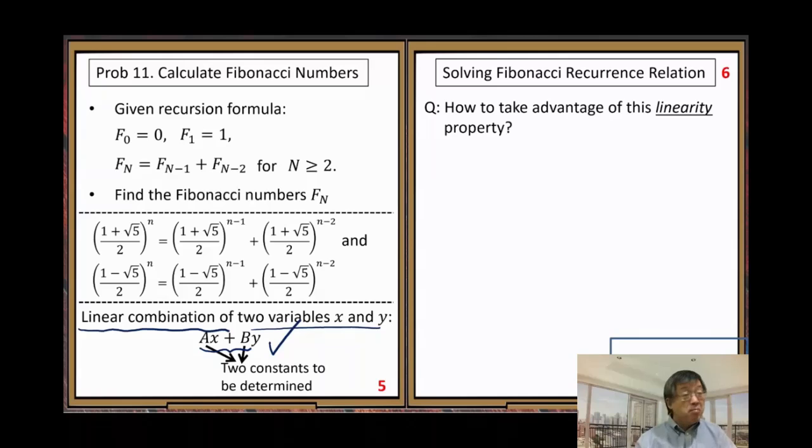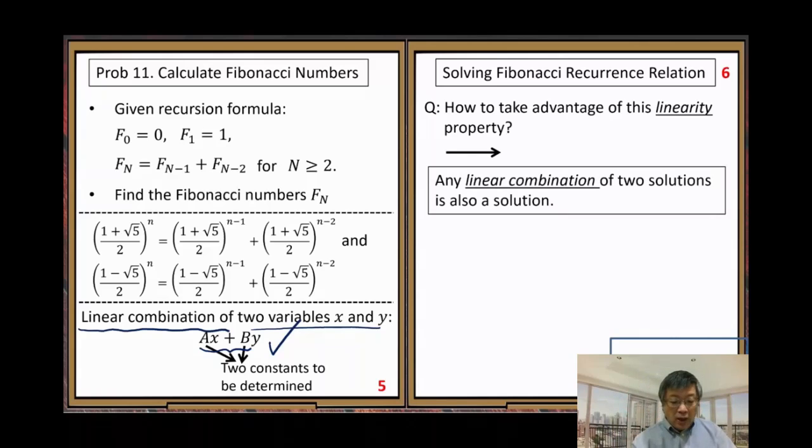Now let us get back to the recurrence relation. Here, we use the linearity property of the recurrence relation. Remember, we saw that linear term before, right? That means our recurrence relation has the linearity property. So we should take advantage of that. Apply the linear combination concept to create a new form of the solution.